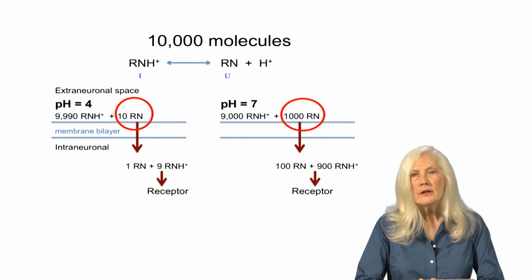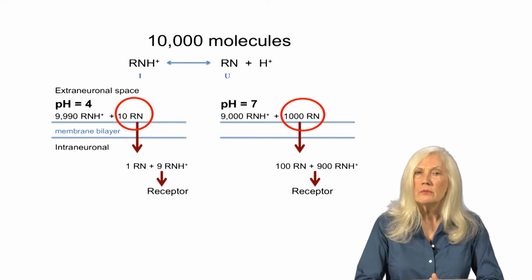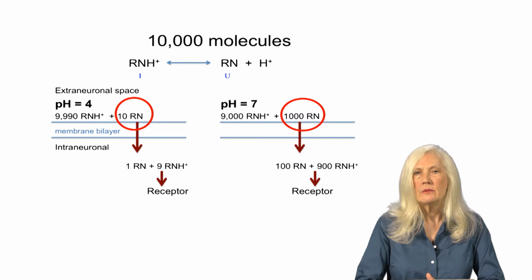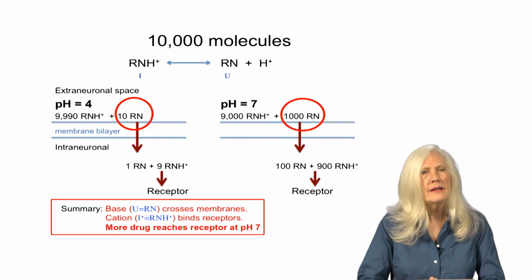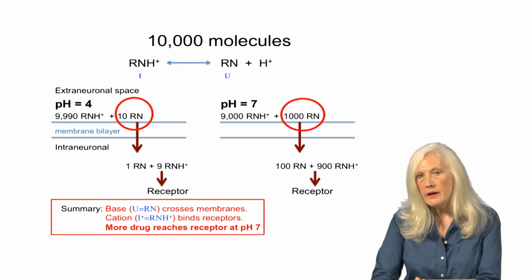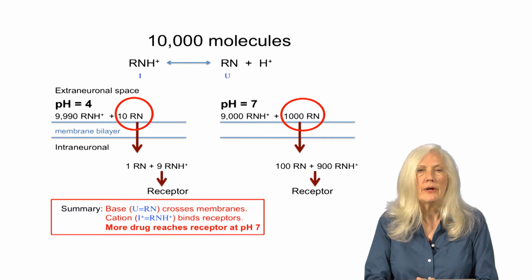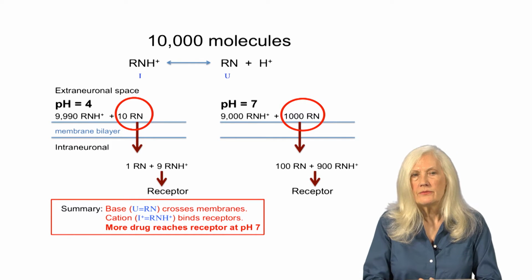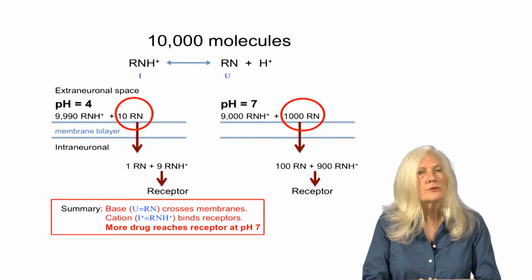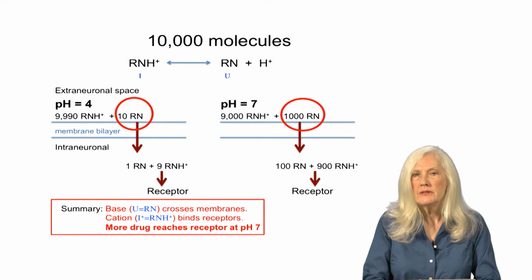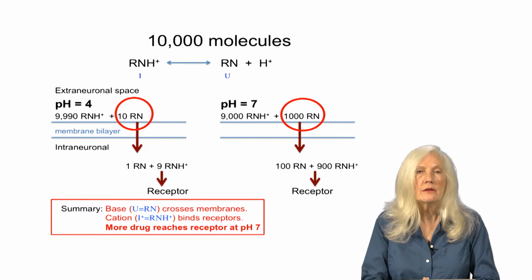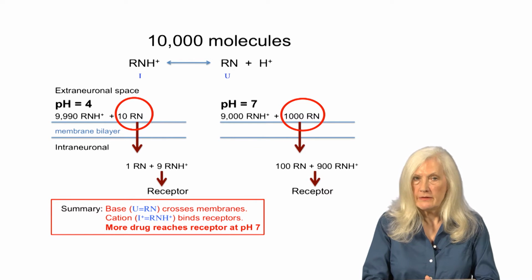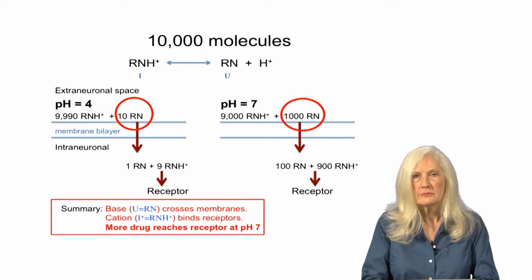Luckily, it's the charged form of the drug that can inhibit sodium channels by binding to a site located inside the sodium channel itself. In summary, only the unionized form crosses the membrane. Only the ionized form binds to the receptor, so more drug reaches the receptor when the extracellular fluid is pH 7 than pH 4.